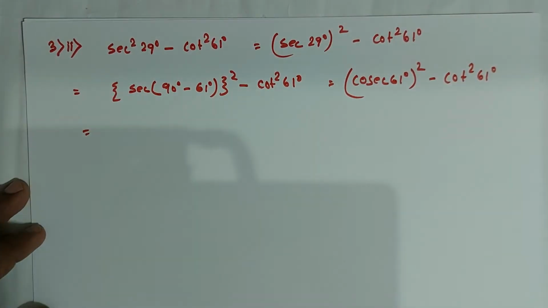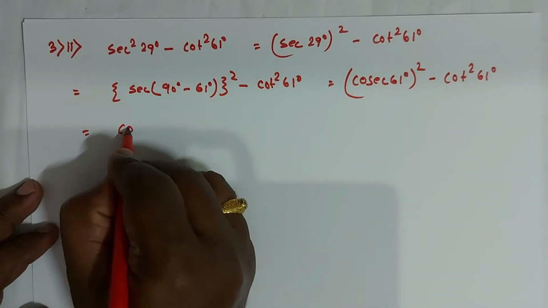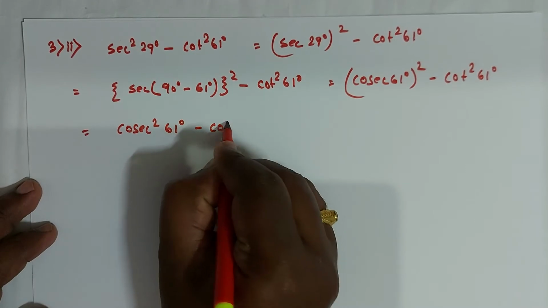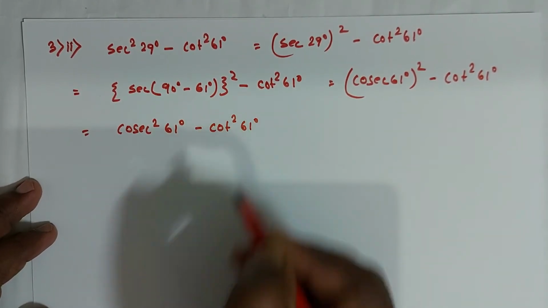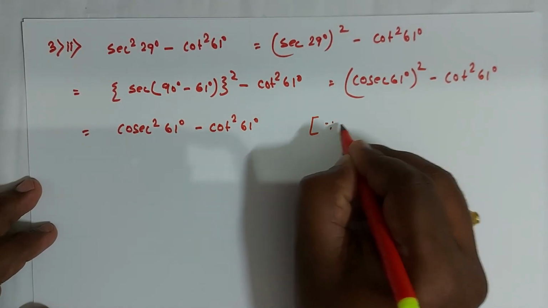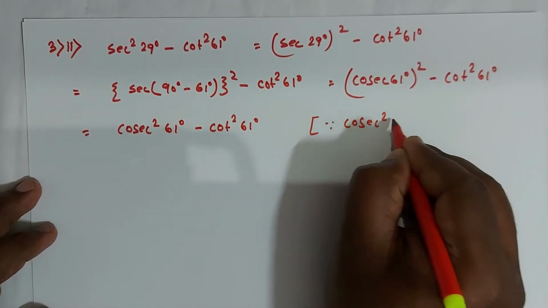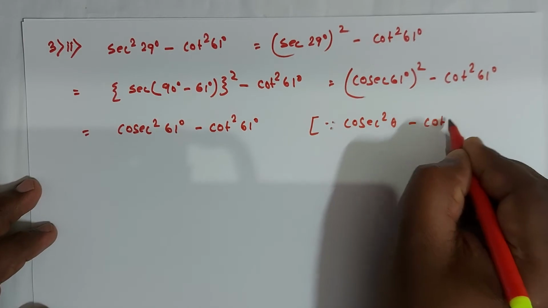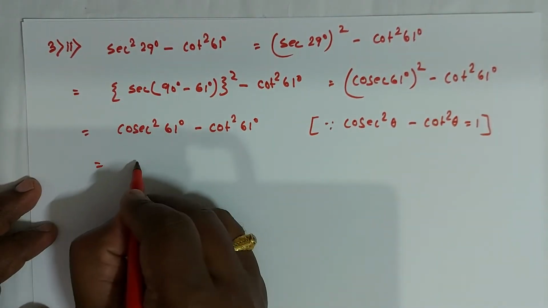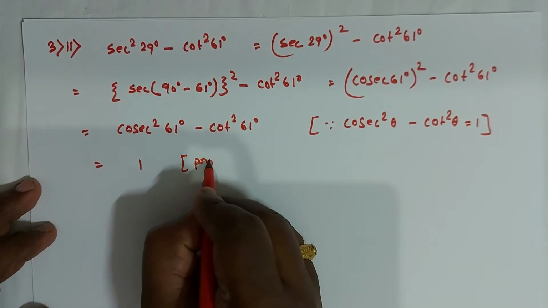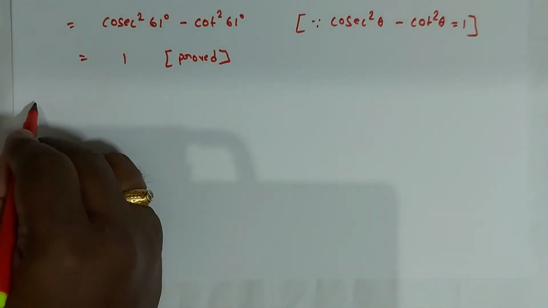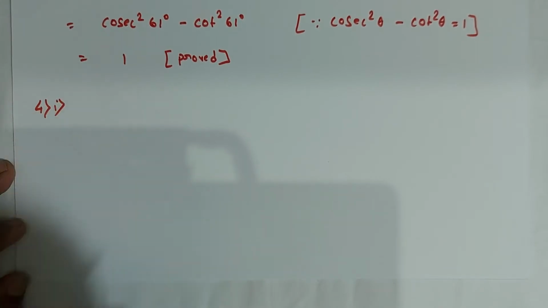So this will be cosec square 61 degree minus cot square 61 degree. Now we know there is a formula that says cosec square theta minus cot square theta equals 1. So this equals 1, proved. Understood? Next is 4, question number 1.